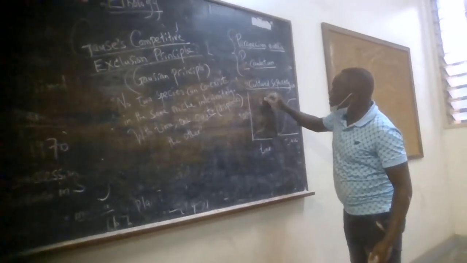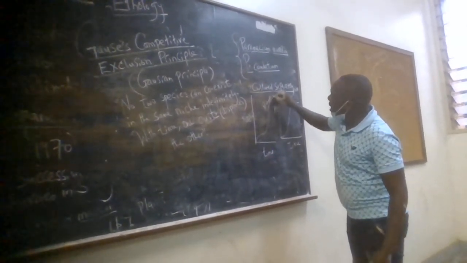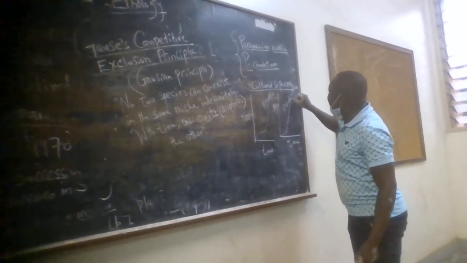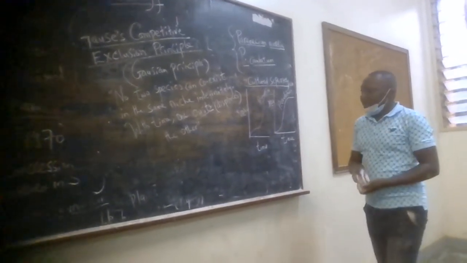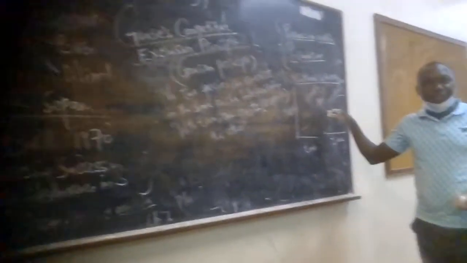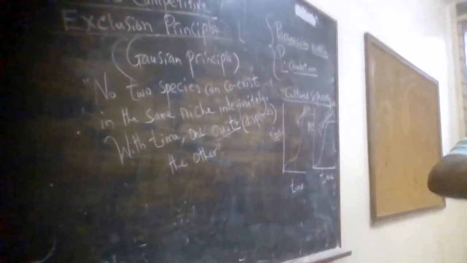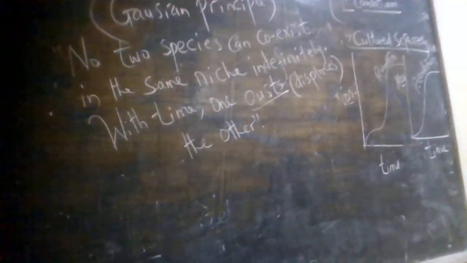For P. aurelia, and here for P. caudatum. Then the two species of paramecia were mixed together to grow on the same medium.